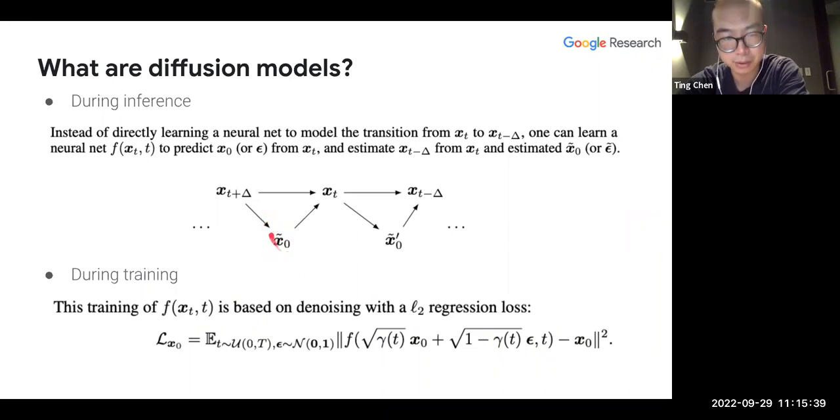Here I use data for simplicity. Basically, the loss would be: you take a data point and then you sample a time, and then you make a noisy data, and then you learn the denoising network to estimate the input clean data. That's essentially what the loss function is. And once this is learned, you can use the denoising function to make an estimate and make the jump from noise to data.